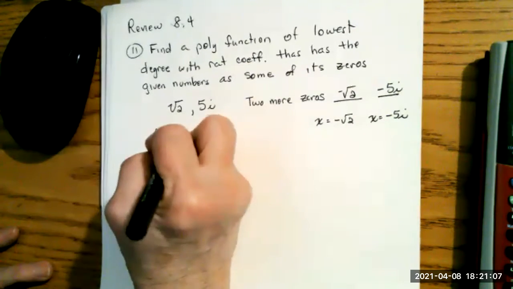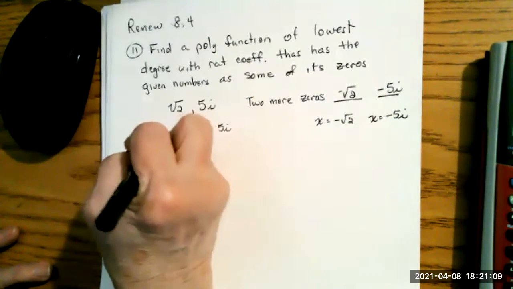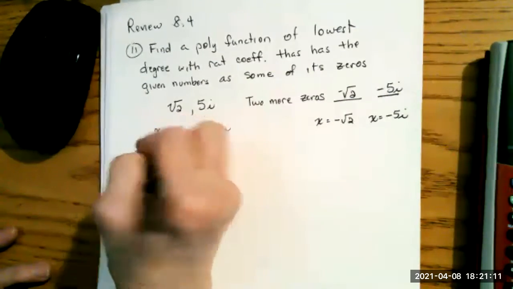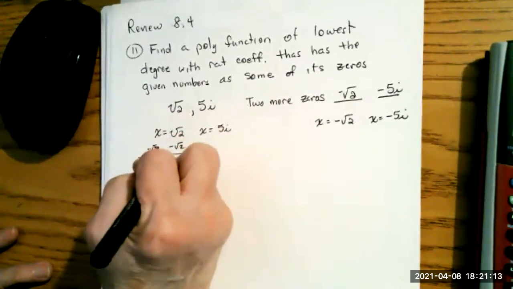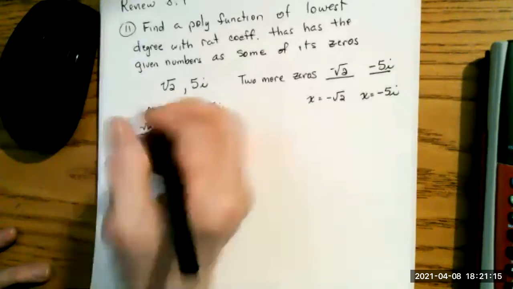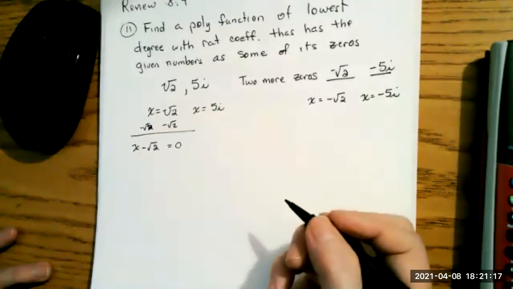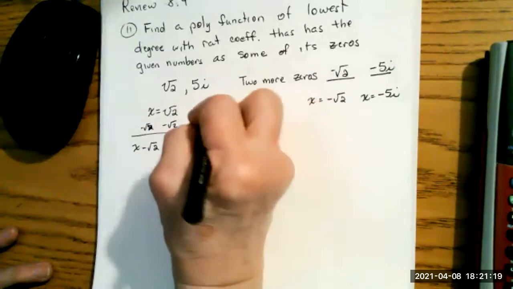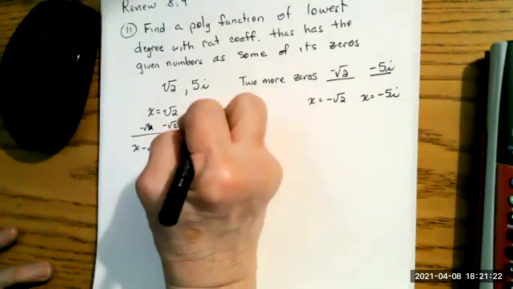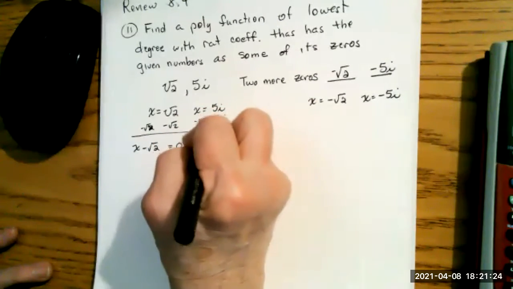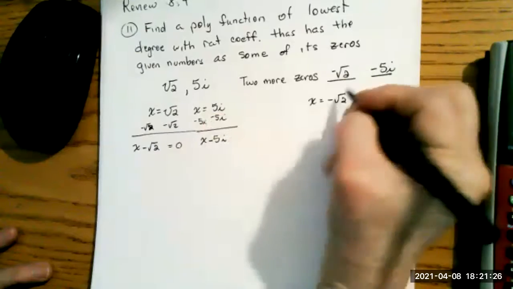Now, if I subtract those numbers from both sides, I get x minus the square root of 2, and that is a zero. That's saying that it's a zero. And minus 5i gives me x minus 5i.